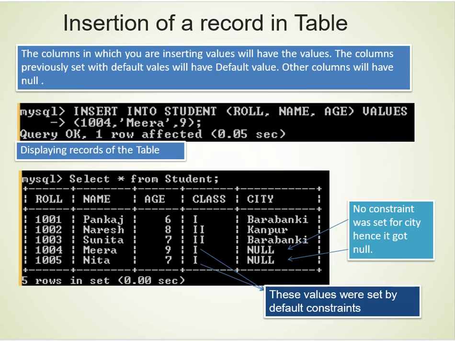Here the star, we can use the asterisk to display all the fields from the table. Means if you want to display complete information regarding a student, then you can use star. So roll numbers, names, age, classes, and the cities. Whatever number of records you have entered, it will display here.